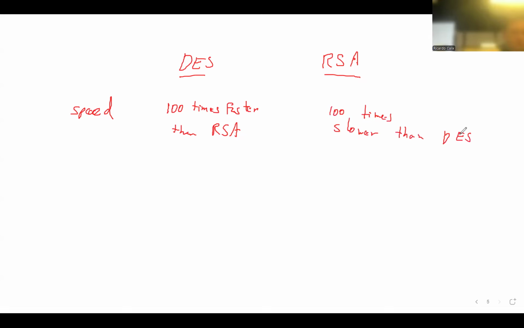Remember, RSA has 2 keys, public and private. This one only has 1 key, the secret key. Okay. Now, the last one here is the cipher text size, which we just did, but I'm just going to state it here.